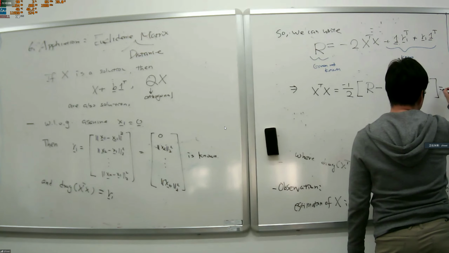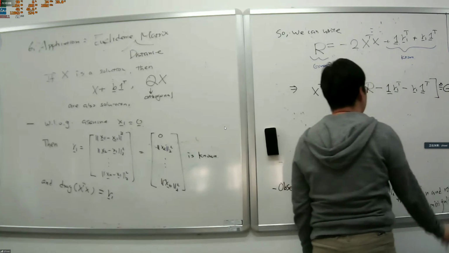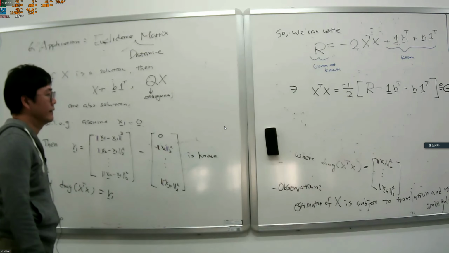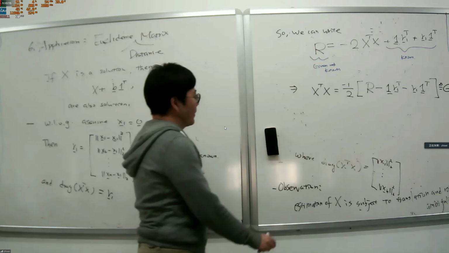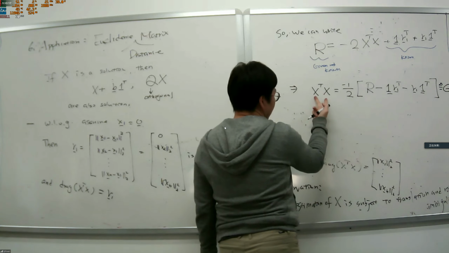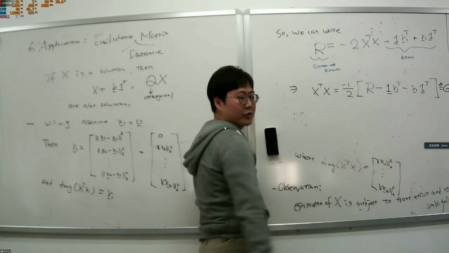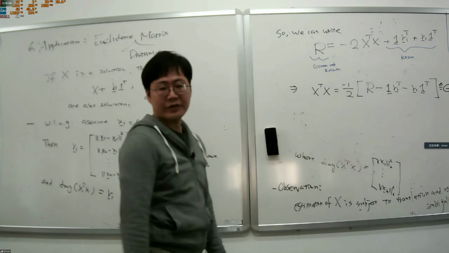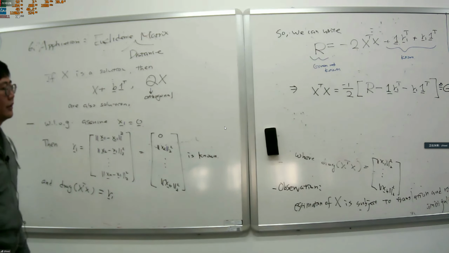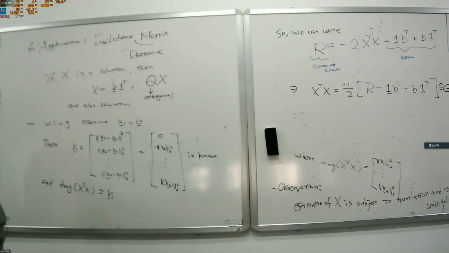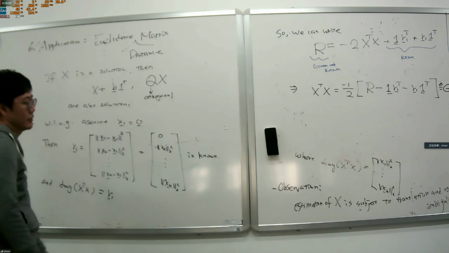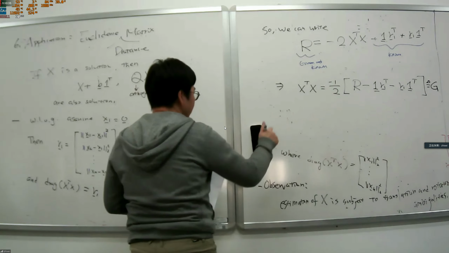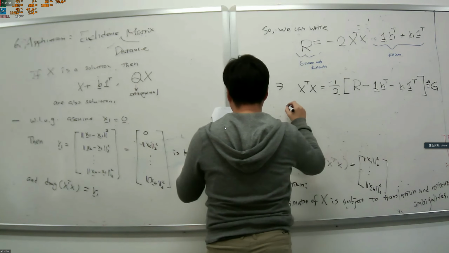If we call this G, then X is a square root of this matrix G. So we can do the EVD of G.